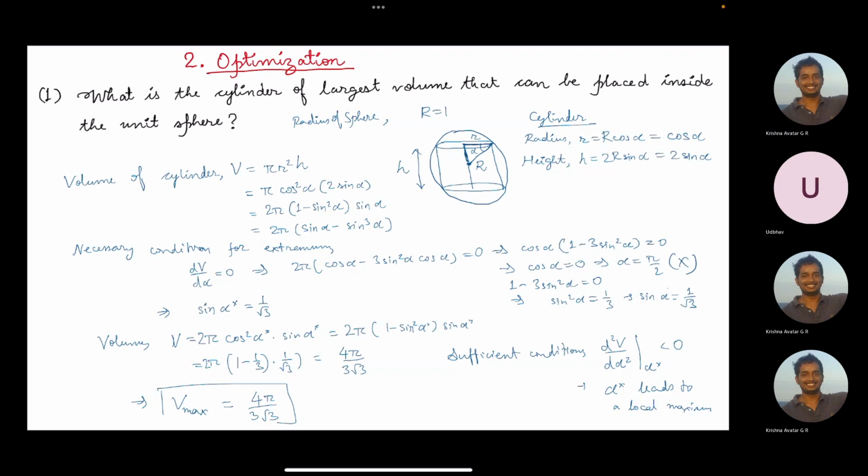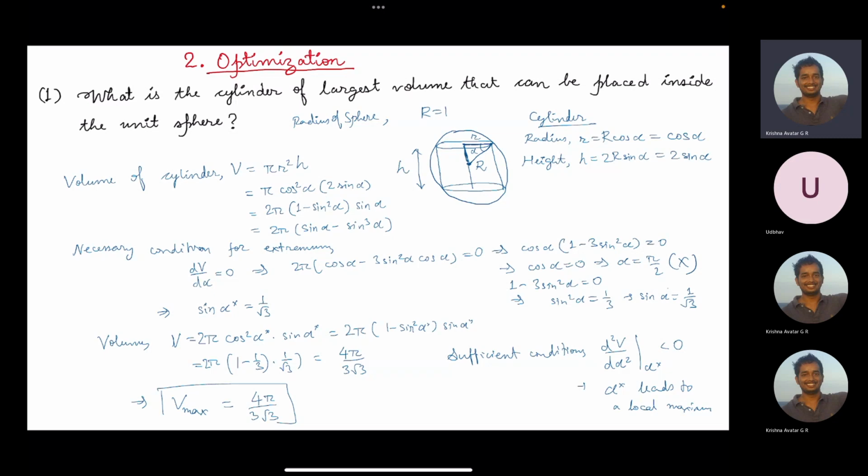Now we have cosine square alpha equal to 1 minus sine square alpha, so we express this just in terms of sine. Essentially our problem has become an optimization problem in a single variable, for which the necessary condition to determine the extremum is dV by d alpha equal to 0.